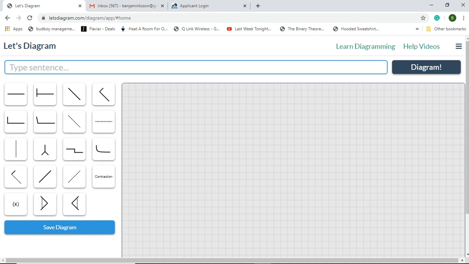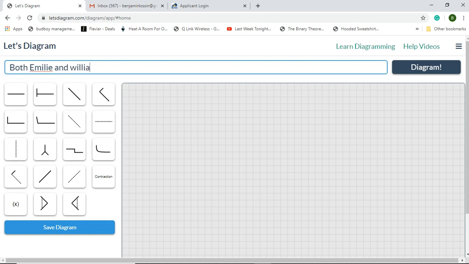Now, Lesson 17, diagram, was a review. And our first sentence was, both Emily and William flew to Florida during their vacation. It's a weird way to spell Emily.